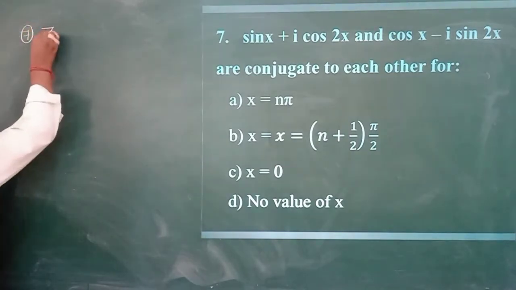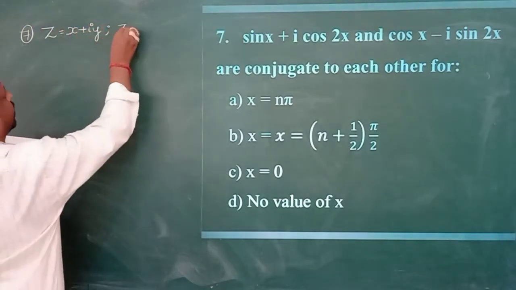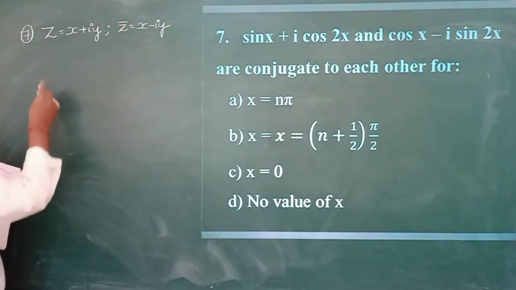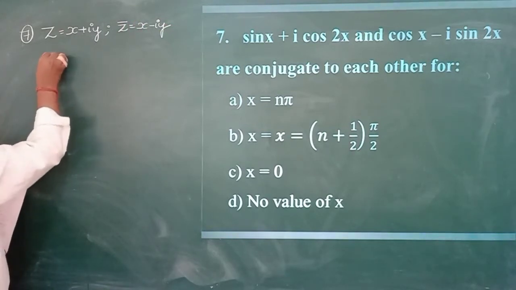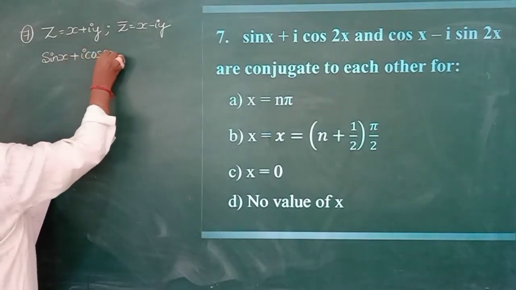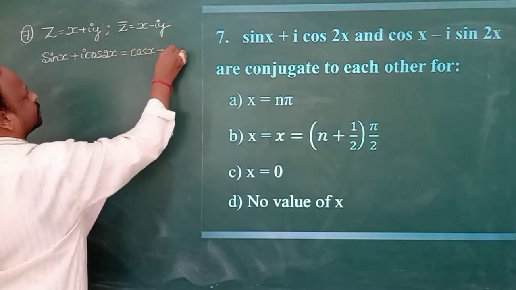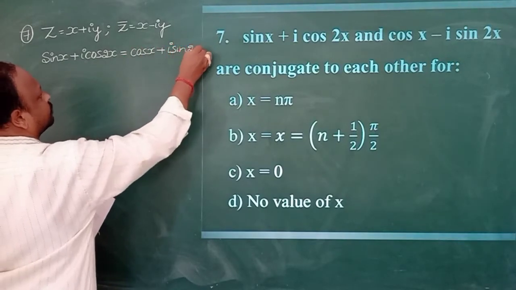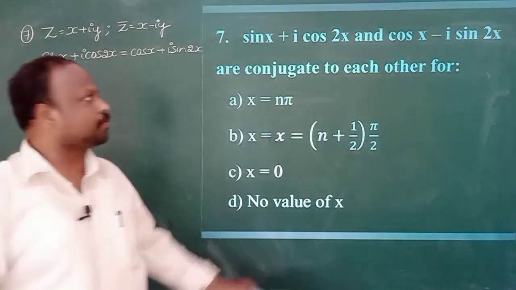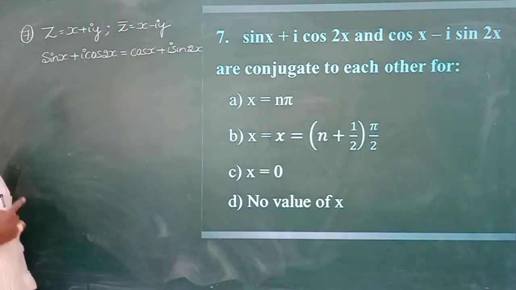Conjugate is nothing but: if z is equal to x plus iy, z bar is equal to x minus iy. So here sin x plus i cos 2x is always equal to cos x plus i sin 2x, because the conjugate of cos x minus i sin 2x is cos x plus i sin 2x.